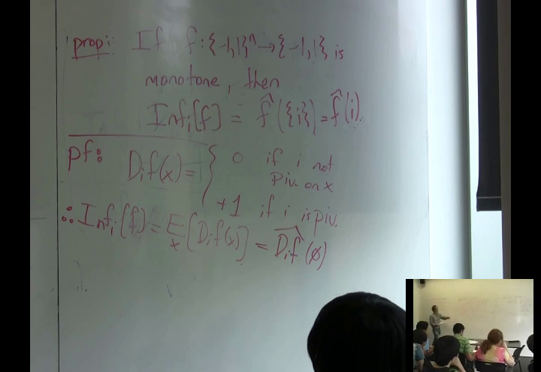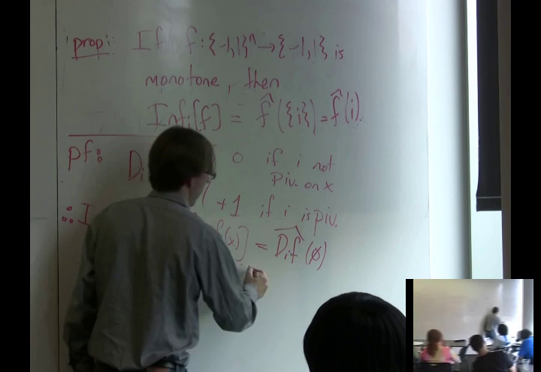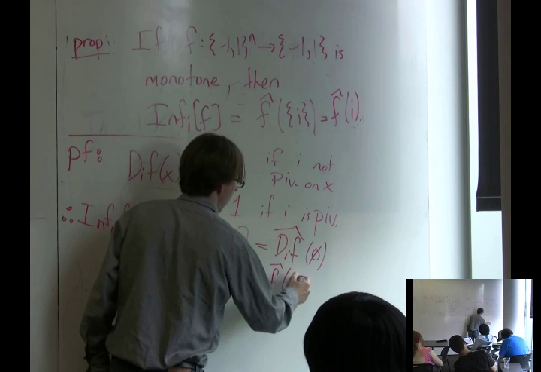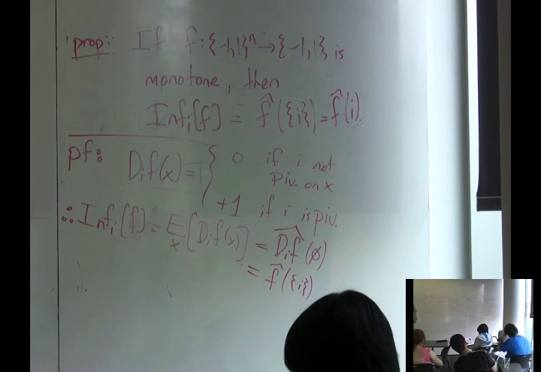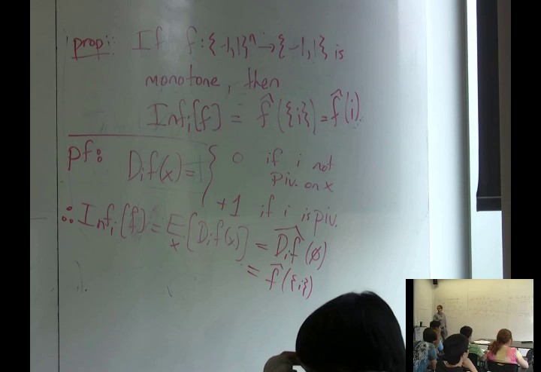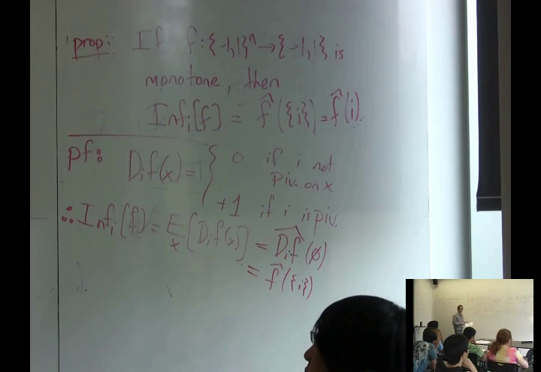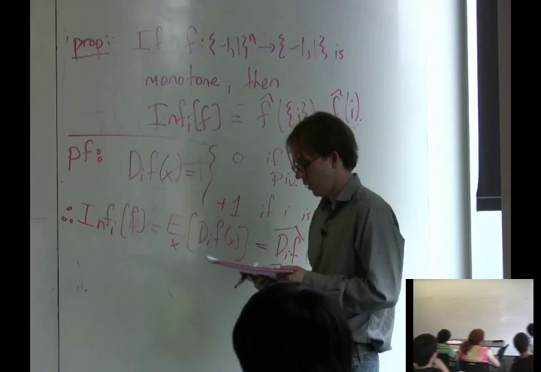Well, I erased it from this board, but when you take the derivative with respect to xi, the constant term you'll get will be whatever you had on f hat, whatever you had on the singleton monomial xi before. Does that make sense? Great.